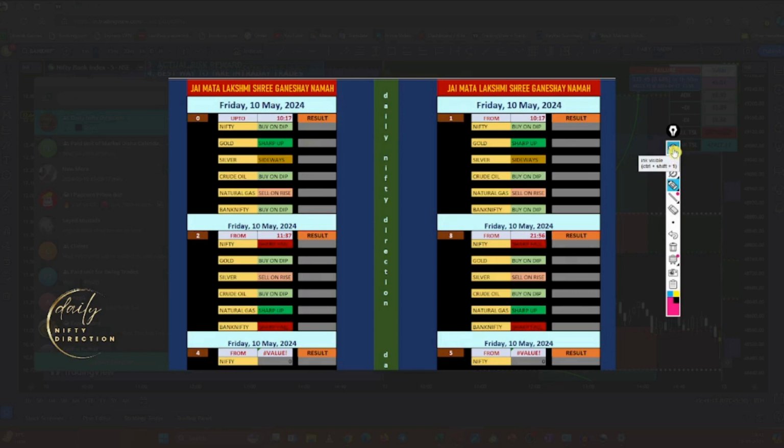So first of all you need to understand how to see the direction. Up to means ab tak, right, and from means ab se.